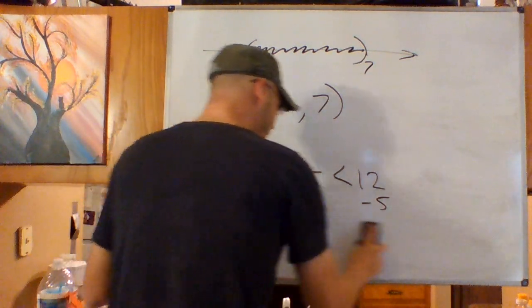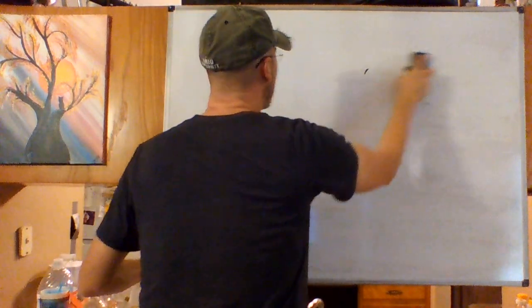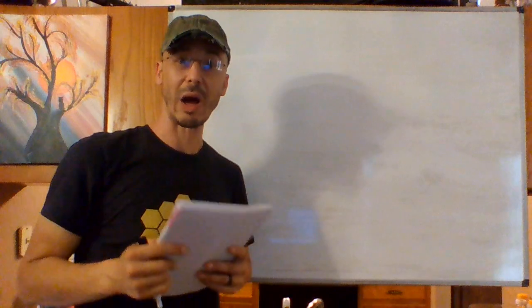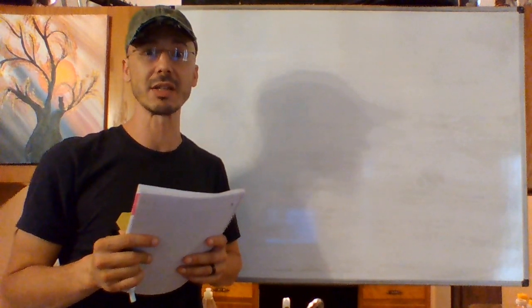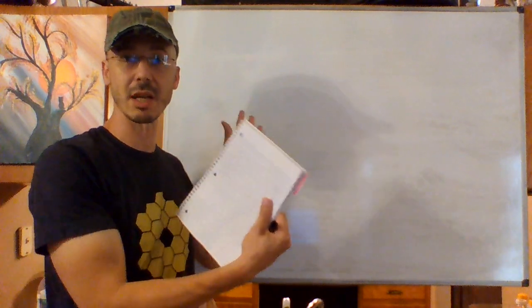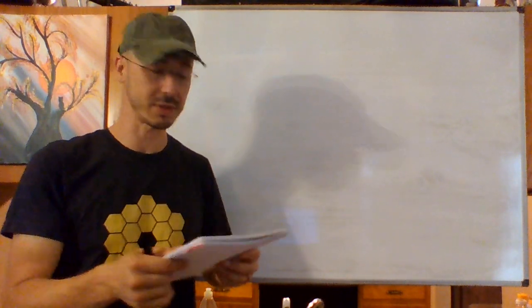Okay, so the next one I have is, well, I found it tricky. So if you get one like this, you can use my example as a template to try and do it, but I thought it was very difficult.